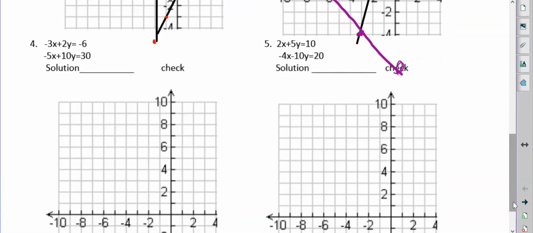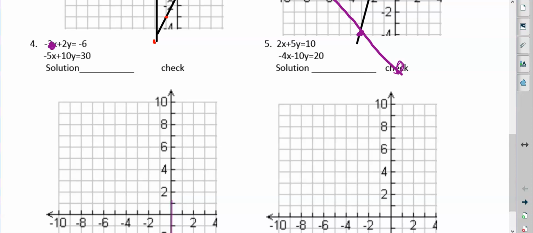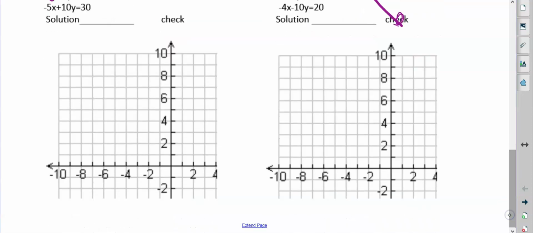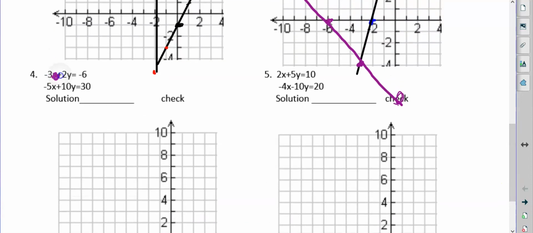All right, let's do this again. So here I'm going to cover up my x, which means divide by 2, y is negative 3. And I'm going to move and cover up the y, divide by negative 3, x is positive 2.